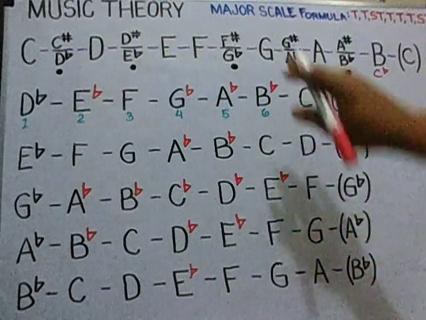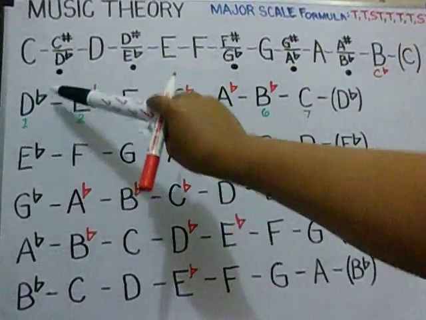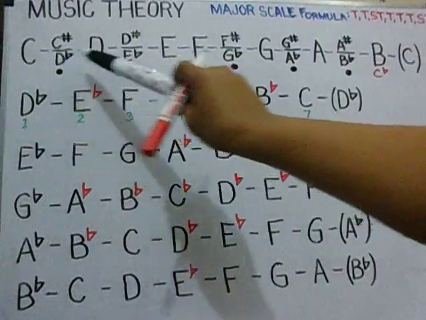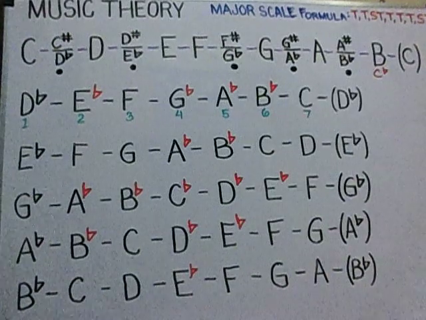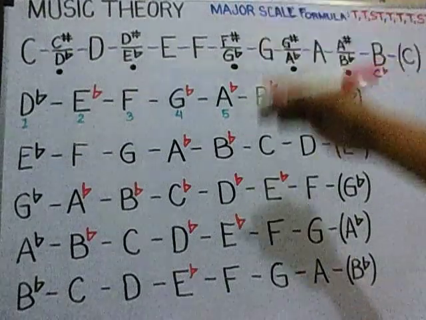Now, after we establish the major scale for these five flat notes, or the major scale of each note on the black keys, we're going to summarize how many flats we have in each major scale.